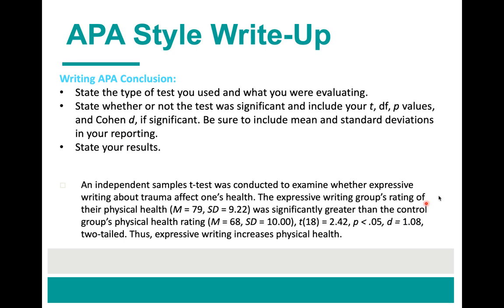So now, we need to write up an APA-style conclusion that communicates these results to a reader. This is important. I don't want to say the most important, but the ability to write up an APA-style conclusion is critically important because the point of doing science is to communicate to other people, right?